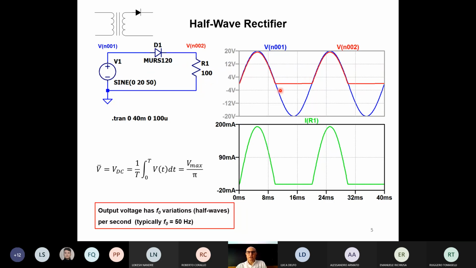In this simulation on the right, I'm looking at the voltage on node 1, which is the voltage on the sine wave generator, and node 2 in red, which is the voltage on the output resistance. If you see here, the input voltage, as we expected, is a 20 volts peak sinusoidal wave, the blue one, okay?